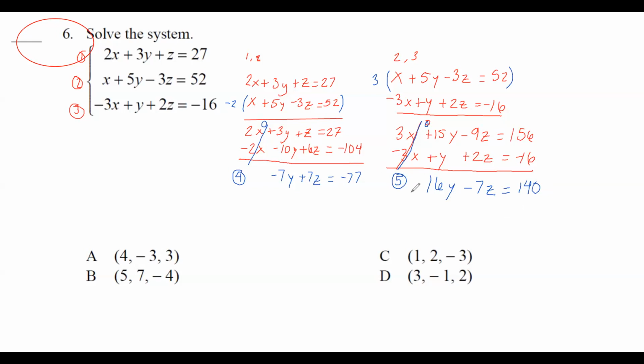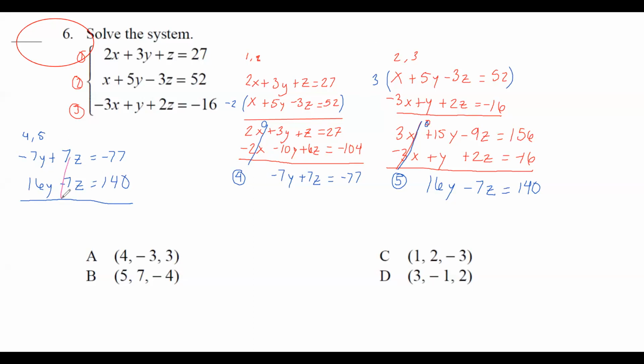Okay, what do I do with these equations now? 4 and 5. I create my little mini system of equations. So I have negative 7y plus 7z equals negative 77, and 16y minus 7z equals 140. Do I have any variable that has the same coefficient with opposite signs? 7z's.